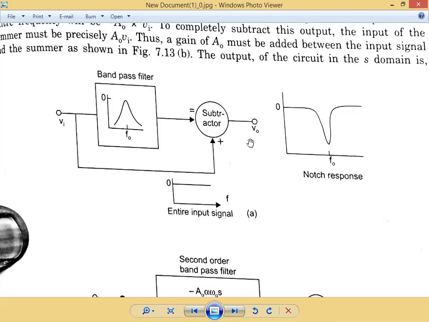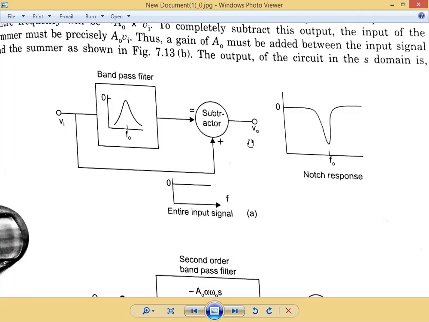If you want to reject only the power frequency, which is about 50 hertz, that 50 hertz frequency will be rejected by our notch filter or narrow band reject filter. So in such cases, we are going to use this notch filter.